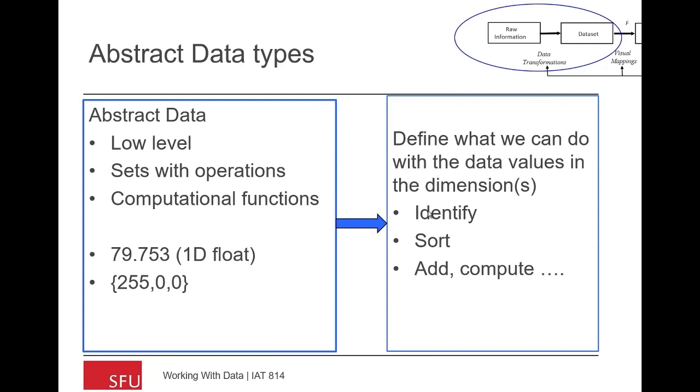With just about any type of abstract data, you can identify the information. That is to say, you can identify that 79.753 is different from another value. You can typically also sort information. Even though it might not be too meaningful to sort on temperature, you can still do it. The computational capabilities are always present for you to be able to do things with.